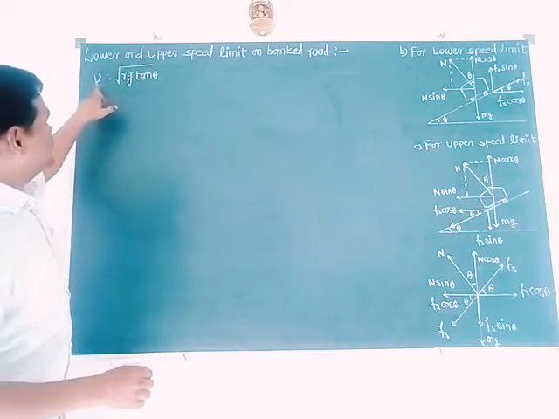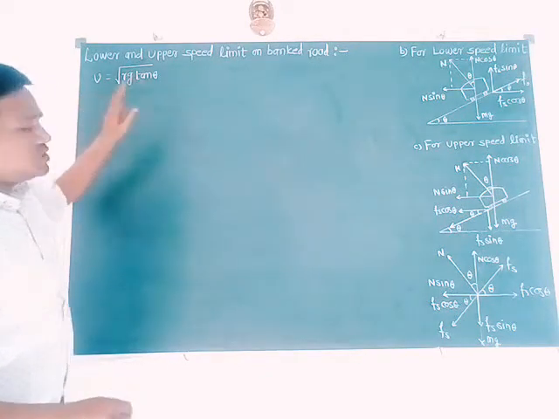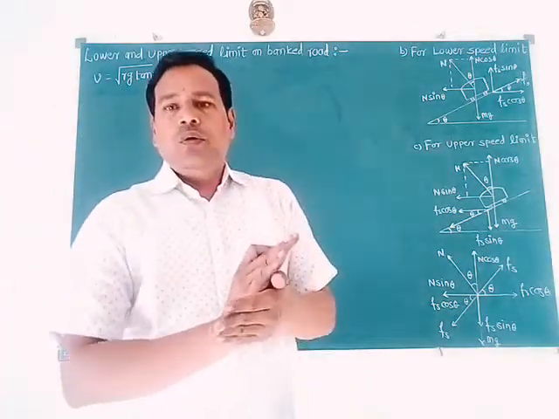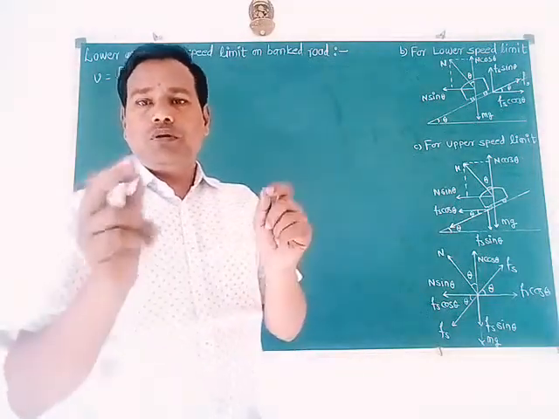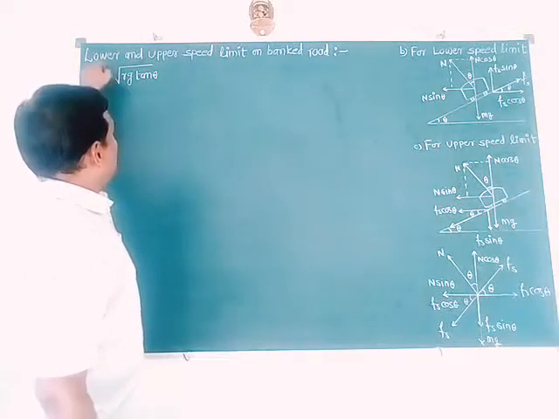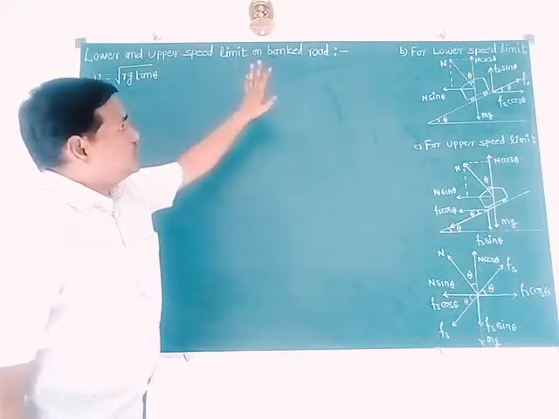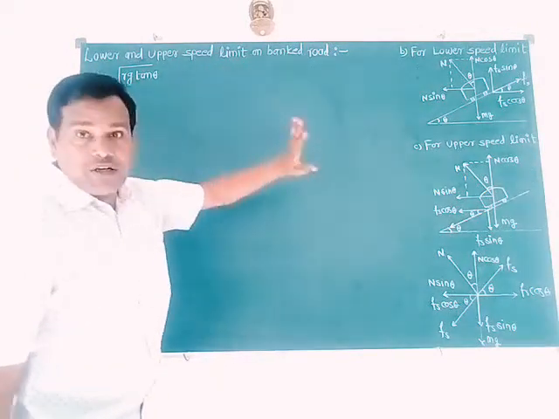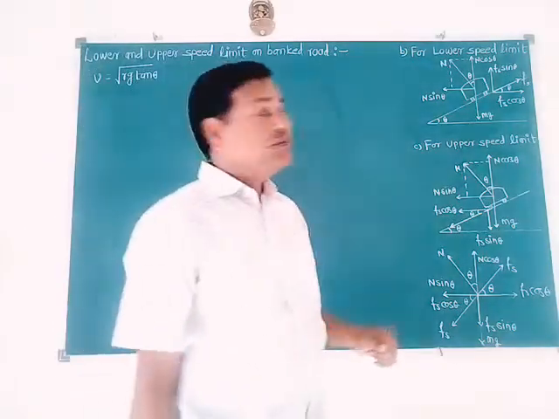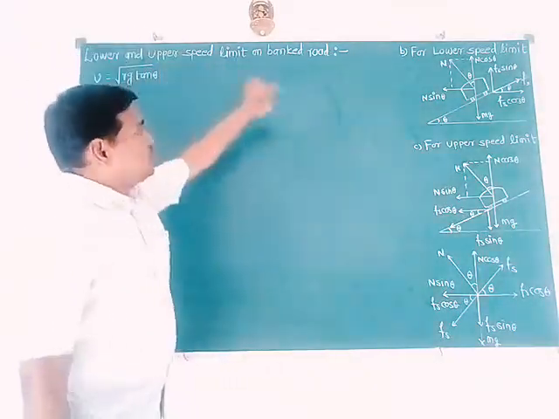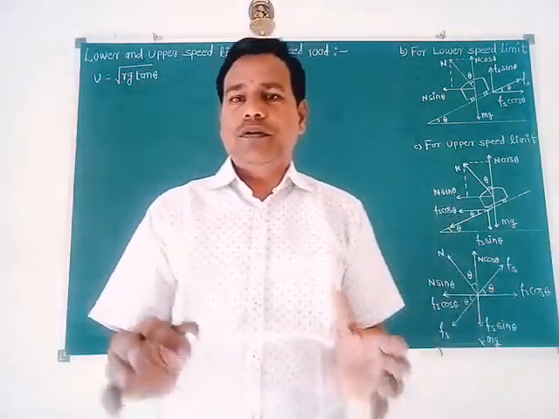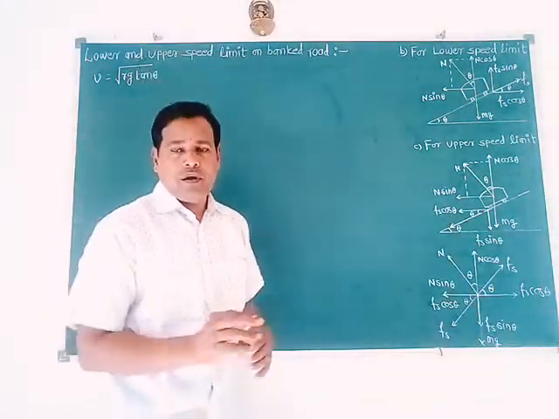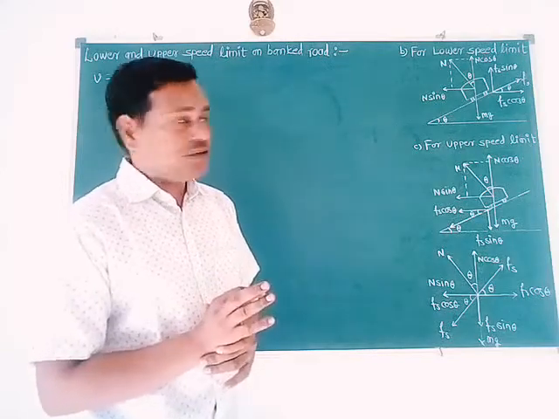So when we consider this relation V equal to square root of Rg tan of theta, we neglect the effect of friction. But to find the lower and upper speed limit of a vehicle on the banked road, we have to consider the effect of friction. How can we consider the effect of friction?